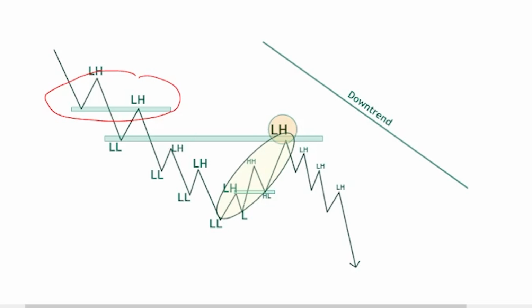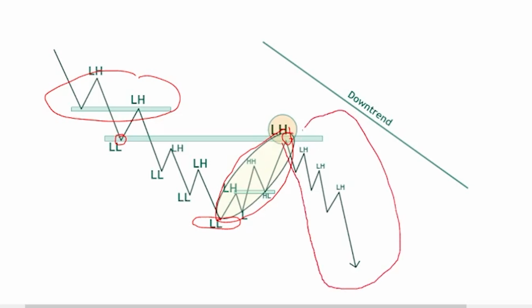So this deep pullback I've been talking about rejected from this area and tried to reverse somehow, by targeting the previous low that we didn't retest, this one. And then when we come back, in general, this one became a lower high to continue to the lower low as a trend continuation. So how can you deal with this?